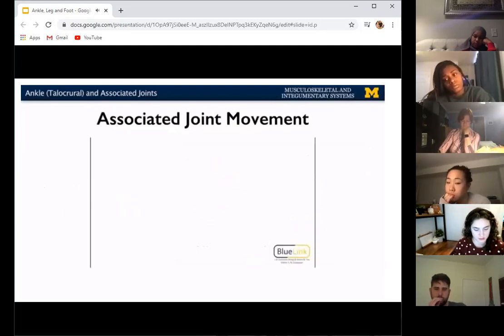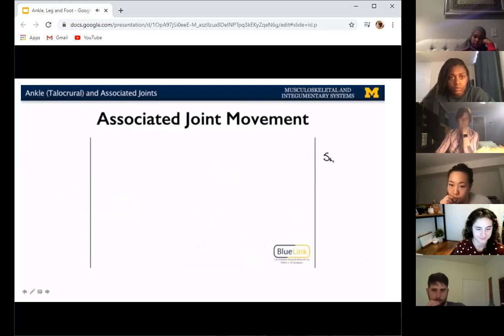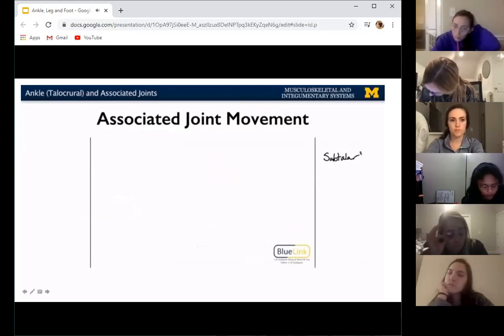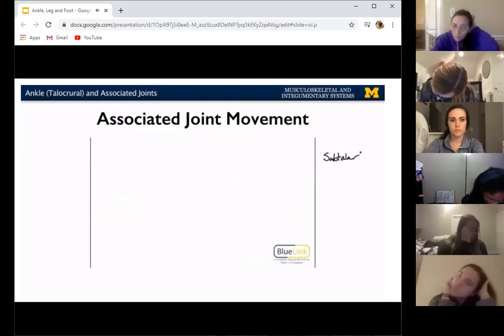Now there are two other joints in this region that I want you to be aware of, but we're not going to go into a tremendous amount of detail. This is the subtalar. All right, so the subtalar is going to be between the calcaneus, or your heel bone, and your talus.